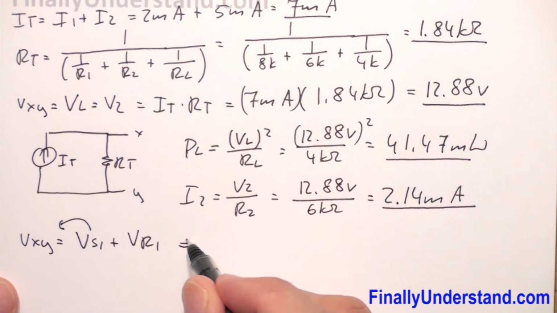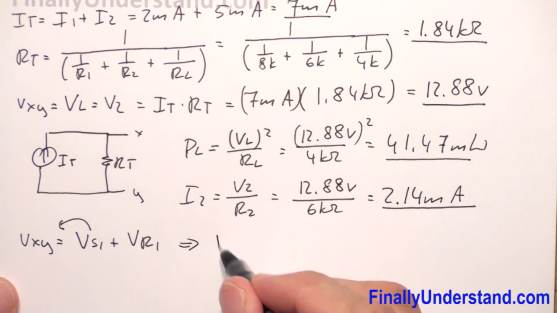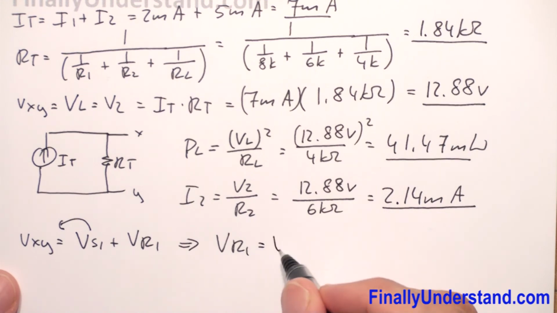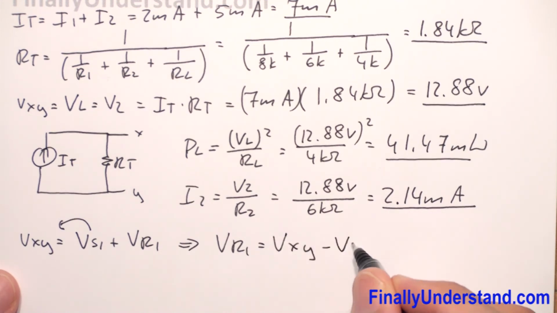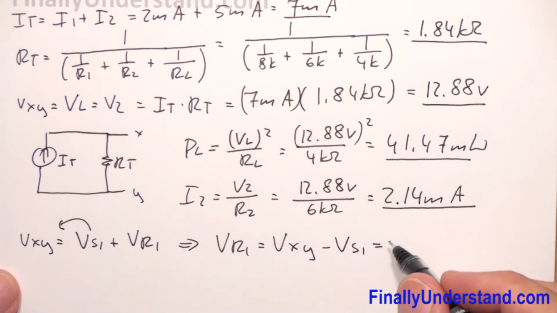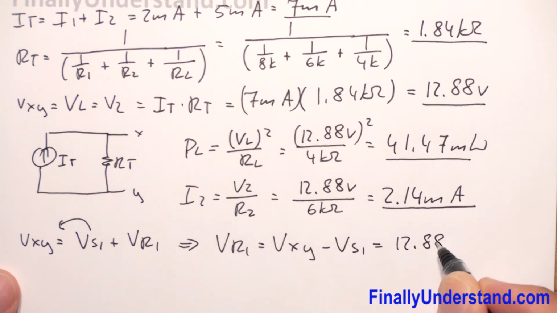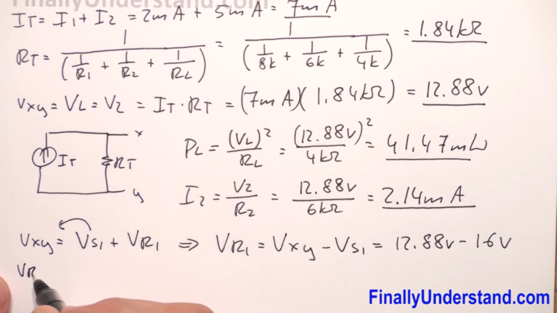So I'm going to have VR1 equals Vxy minus voltage source 1. Vxy we've found is equal to 12.88 volts minus voltage source 1, which is equal to 16 volts. So VR1 is equal to negative 3.12 volts.